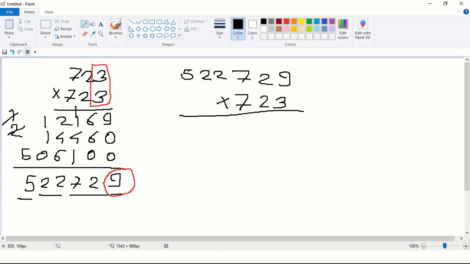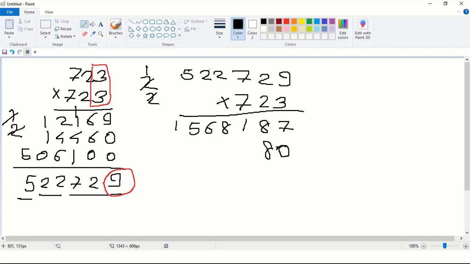3 into 9, 27, 3 into 2, 6, 6 plus 2, 8. Now 3 into 7, 21. Now 3 into 2, 6, 6 plus 2, 8. Again 3 into 2, 6, 3 into 5, 15. Now here is 0. Now 2 into 9, 18.